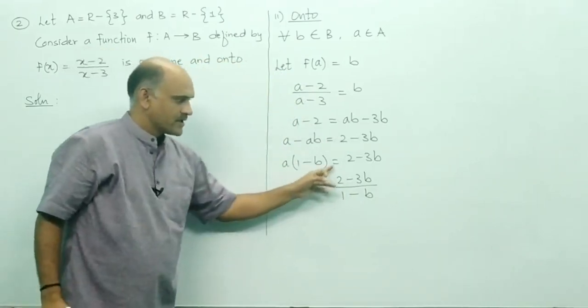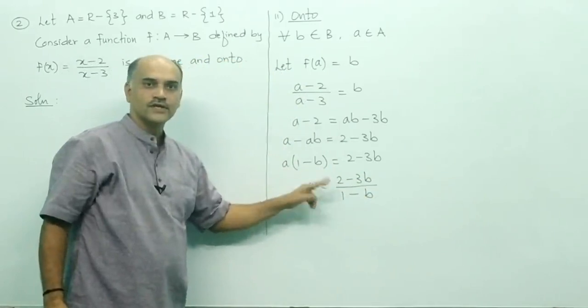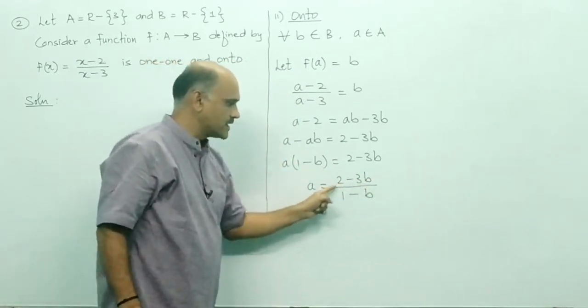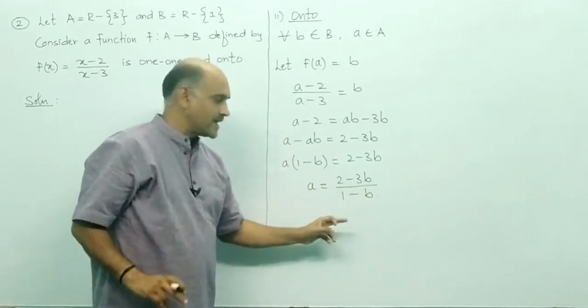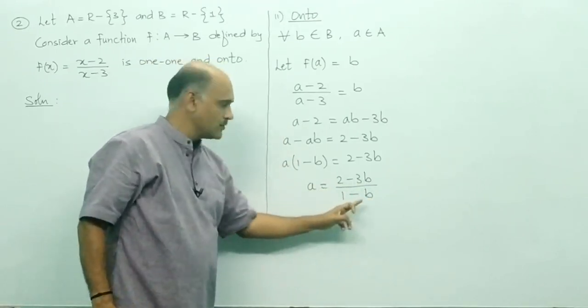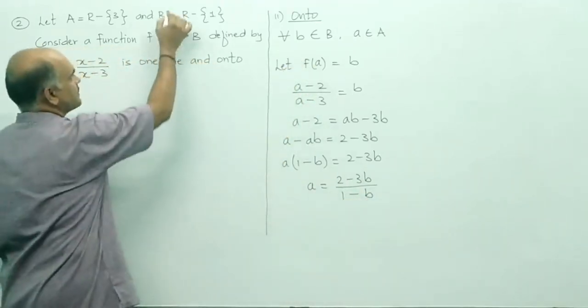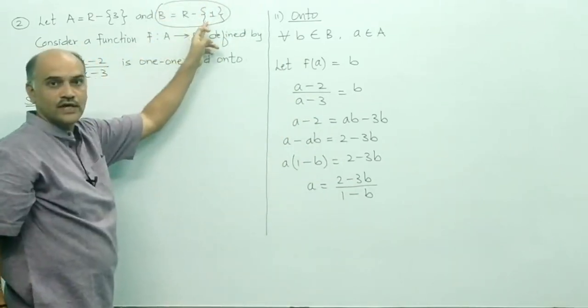Now if you observe here, it is in the form of a rational term, that is p by q, meaning the denominator should not be equal to 0. When will the denominator be 0? When b is equal to 1. But the condition is that b belongs to set B, therefore it is never equal to 1.